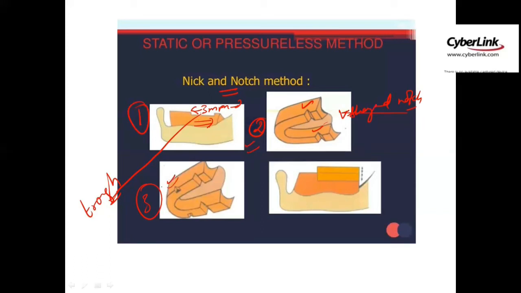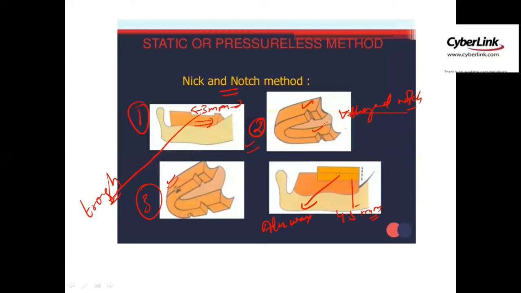Then, since the patient has learned to close his mouth with his mandible at its most retruded position, ZOE, this is your ZOE, is placed on the trough created in the mandibular rim. 4 to 4.5 mm of ZOE should be placed on the trough so that about 1.5 mm of the ZOE will project above the mandibular occlusal rim.